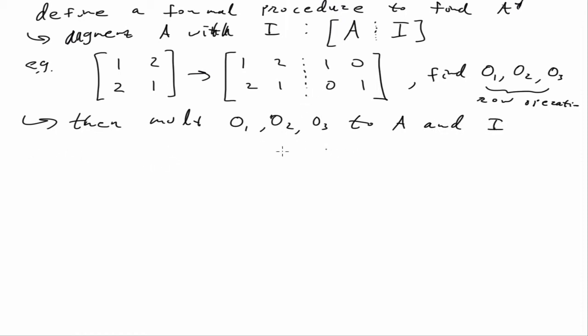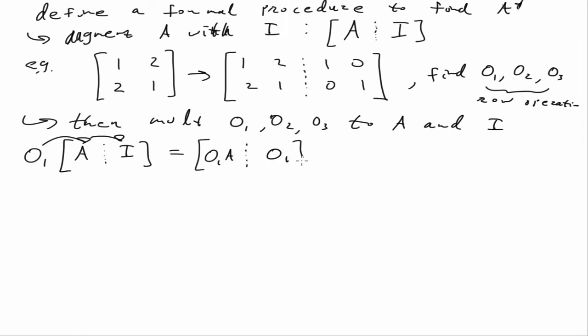So the idea here is, of course, what we do if we multiply O1 by A and the identity, and there's some distributive property that goes in there, and what we get then is O1 times A, dotted line, O1.